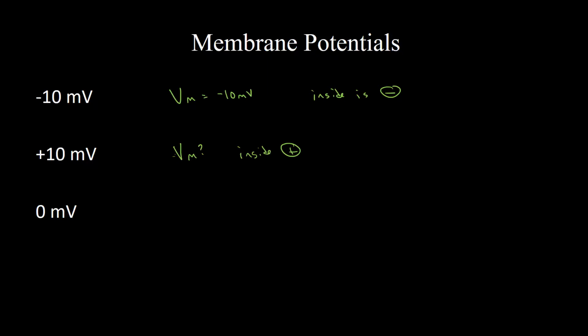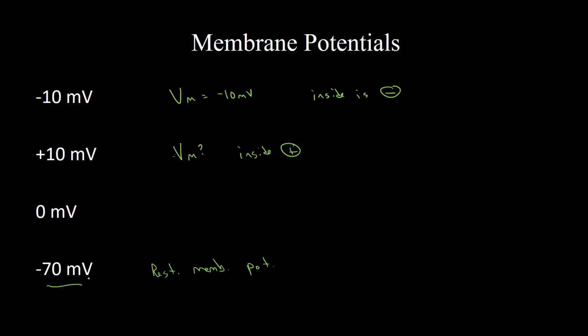No charge is separated. So in that case, the amount of positive and negative charges inside and outside the cell is the same. I want you to remember minus 70 millivolts. This will be the resting potential, the resting membrane potential. I haven't explained everything yet, what rest means, but I will in a second. Just remember that number, minus 70 millivolts.